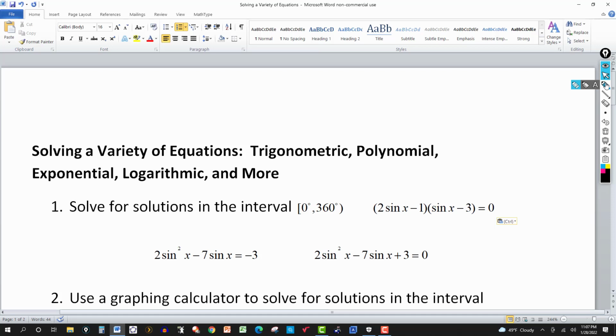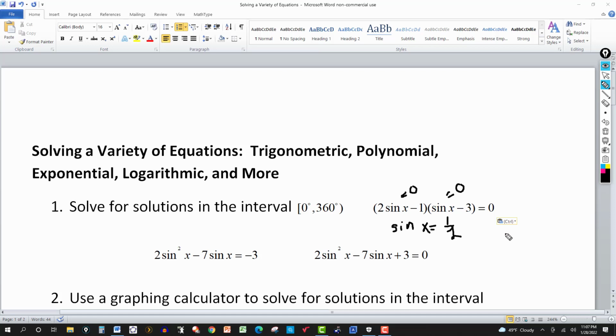So at this point we have a product of factors equal to 0. So that means that either one or both factors are equal to 0. So basically I set this factor equal to 0, or this factor equal to 0. Solve it for sine of x, and for the first one I would get sine of x equal to 1/2.